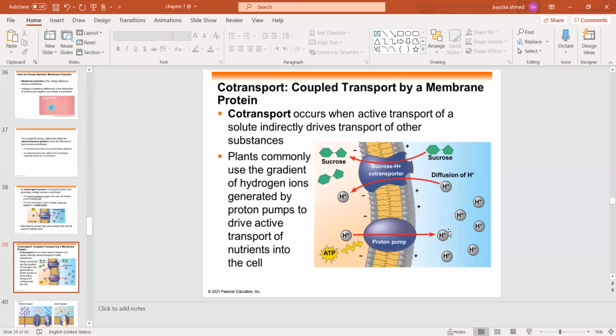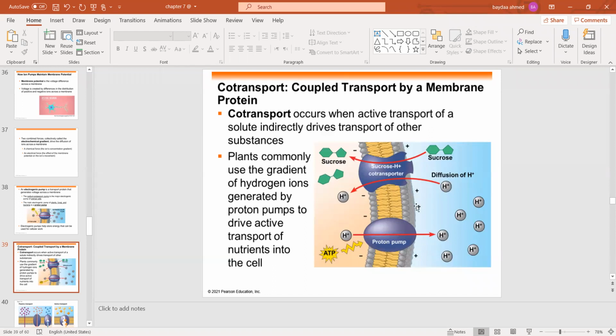A carrier protein such as this hydrogen-sucrose co-transporter in a plant cell, at the top of this image here, is a co-transporter protein for sucrose and hydrogen ion. This one is able to use the diffusion of hydrogen ion down its electrochemical gradient into the cell to drive the uptake of sucrose.